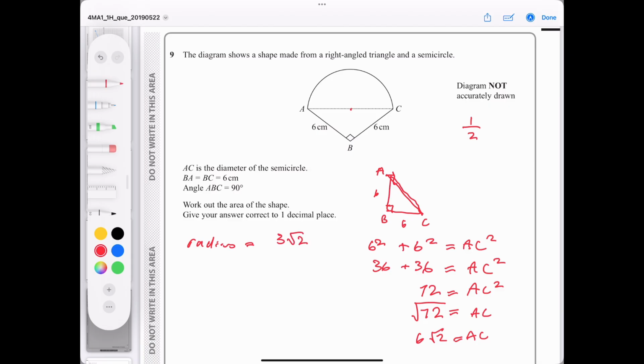And how do we find the area of a circle? Area equals pi r squared. So the area of the entire circle would equal 3 root 2 squared times pi. And because it's a semicircle, it's over 2.